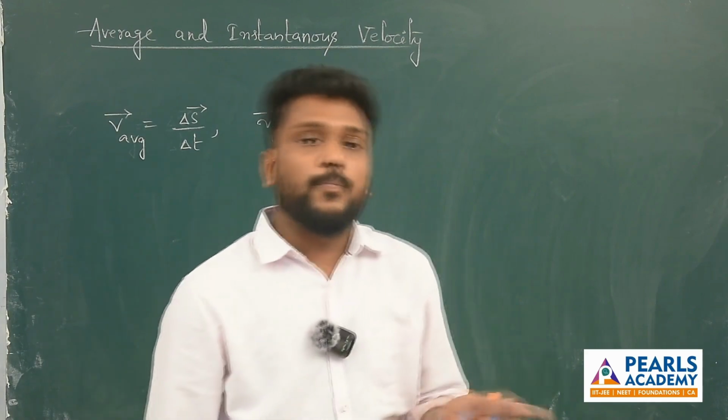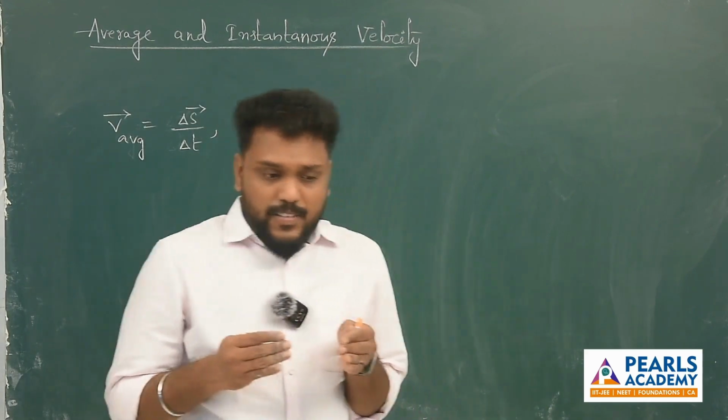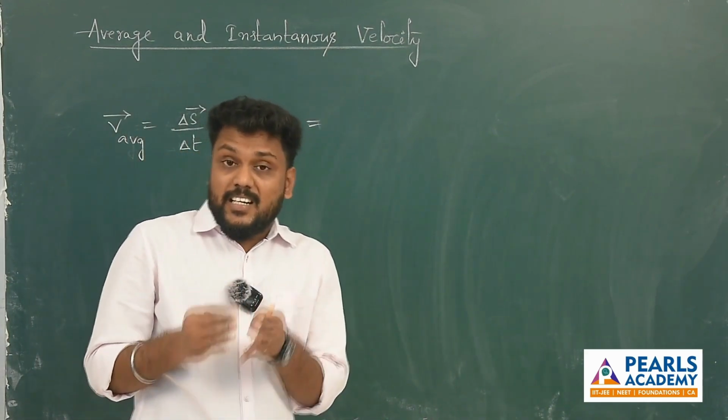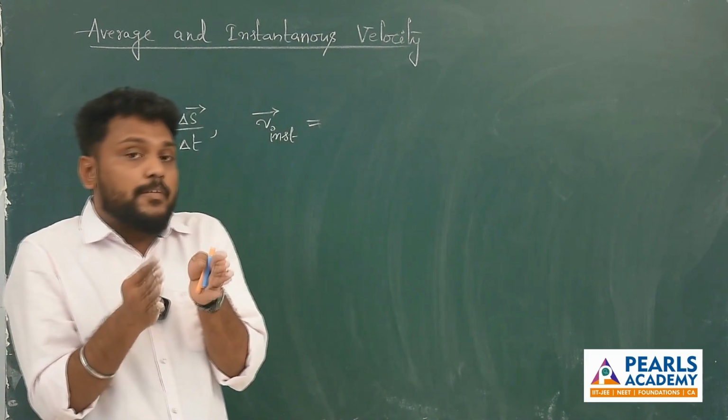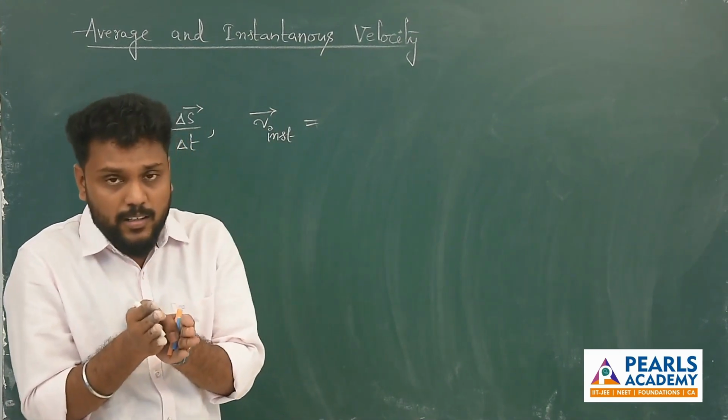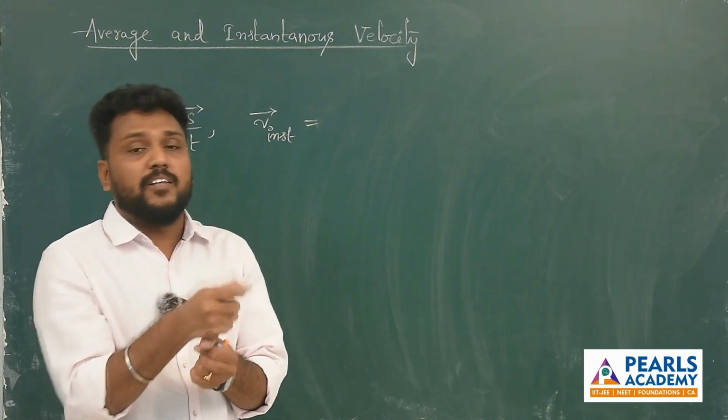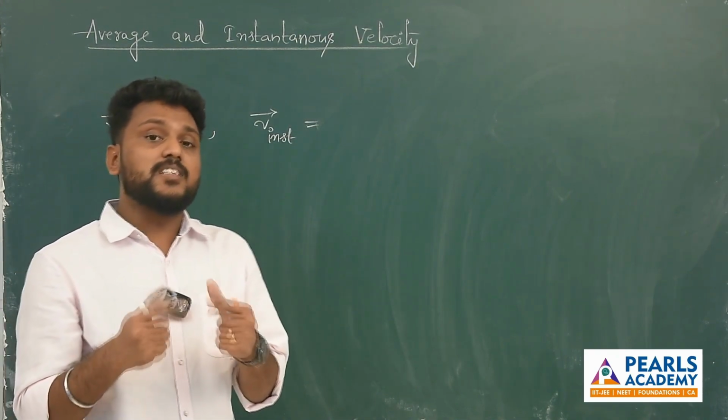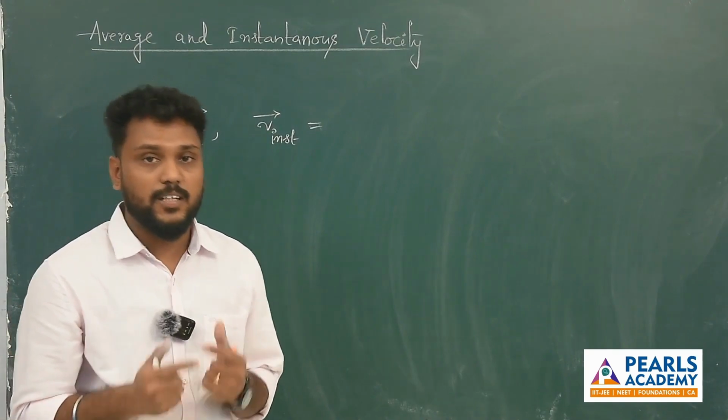So from a mathematical point of view, if the limit of the time interval becomes very, very small, then whatever displacement is covered by the body in that time is known as instantaneous velocity.